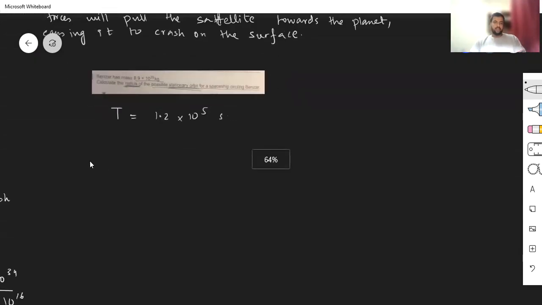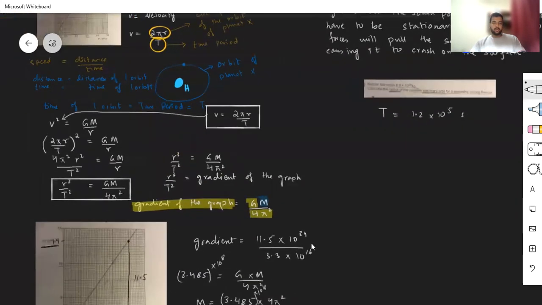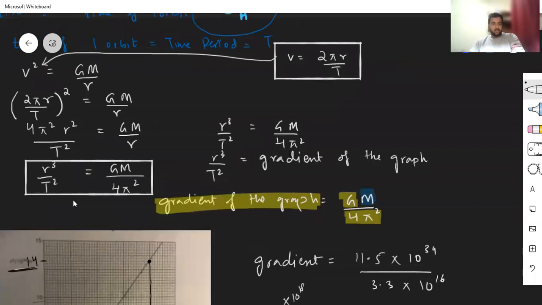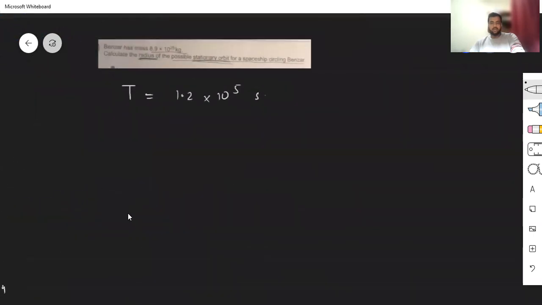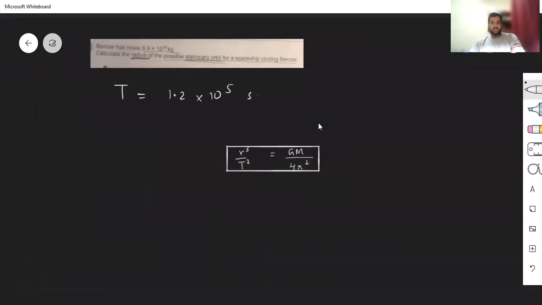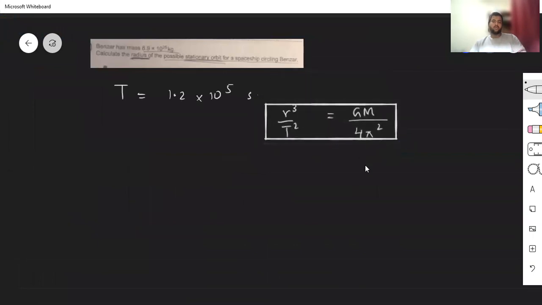What we're going to do is use the result that we derived in the previous question. I'm going to take this result and copy it down here. R cube over T squared is equal to G M over 4 pi squared.